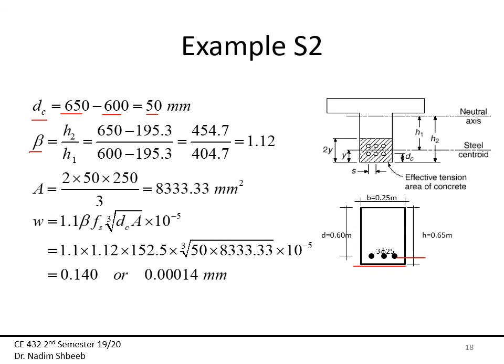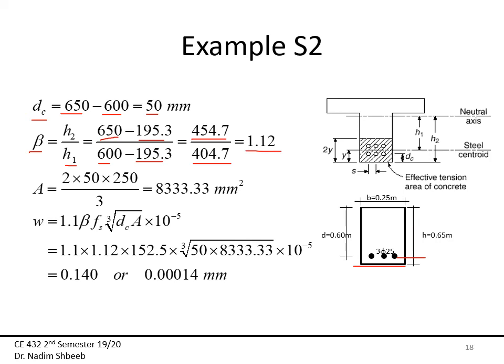So it will be simply 650 minus my y bar, which is 195.3, and that will give me 454.7. h1, on the other hand, is the distance from the neutral axis to the center of the reinforcement. Since we have only one layer of reinforcement, that will be simply d minus y bar, which gives me 404.7, giving a beta value of 1.12.